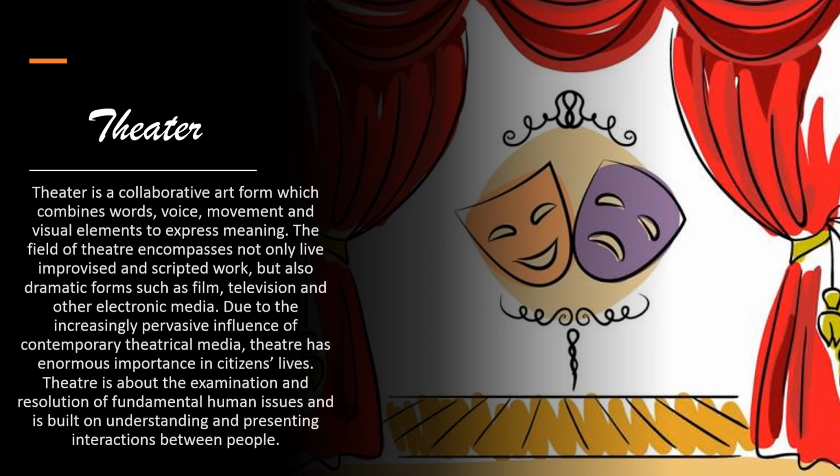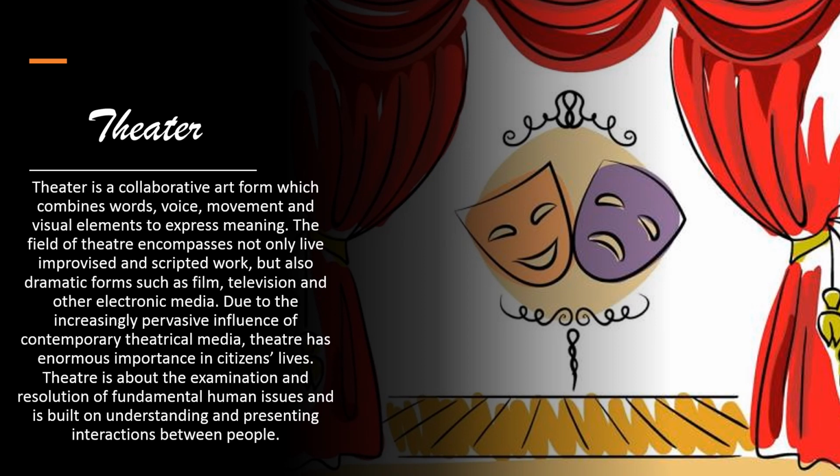The music of the 20th century music is being used in theater. Theater is a collaborative art form which combines words, voice, movement, and visual elements to express meaning. The field of theater encompasses not only improvised and script work, but also dramatic forms such as film, television, and other electronic media.